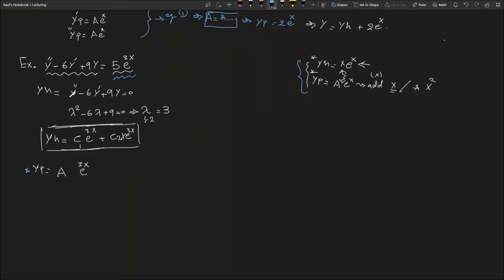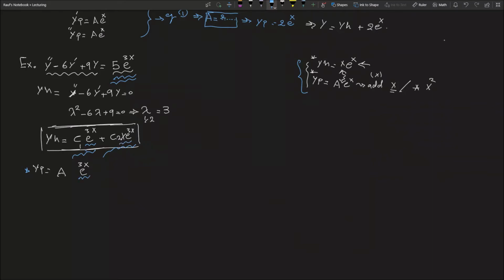But as we said in our hint over here, the particular representation and the homogeneous solution should preferably be different. In this case, they are not different. You can see here the first term is e to the power 3x, which is exactly the same as here.